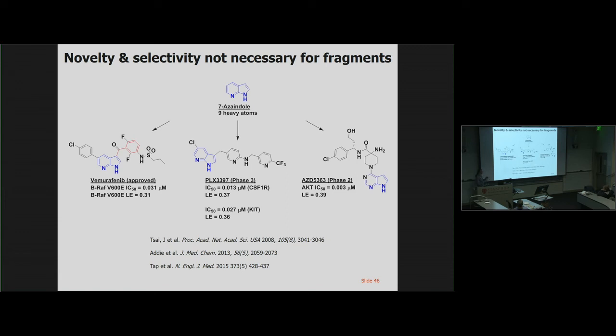And I think this illustrates a very important point, which is that you don't necessarily need selectivity for a fragment. So, you know, Bruce just mentioned if the same compound is hitting in a bunch of different assays for a high throughput screening hit, that is potentially a problem. But with a fragment hit, again, because they're so small and you need to build them, that's not necessarily a problem. If your fragments were too selective, you wouldn't be able to get hits out of a 5,000 fragment library.